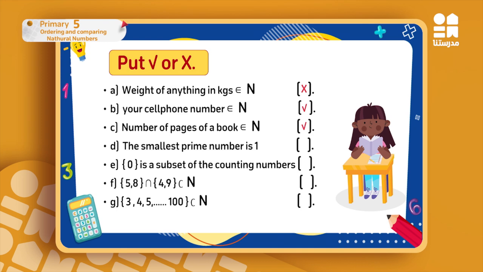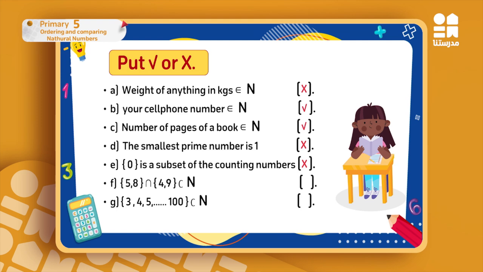Here, letter E. The set of the element 0 is a subset of the counting numbers. The set of element 0 is a subset of C? Of course not. We start the set of counting numbers with 1. So this is wrong.